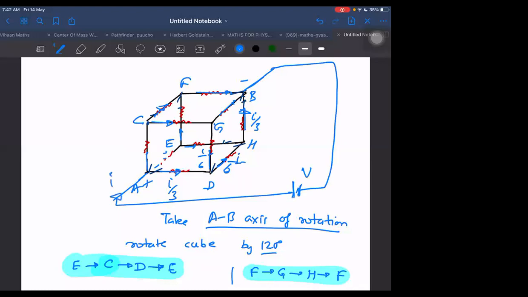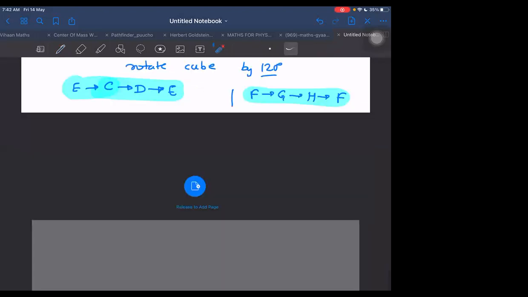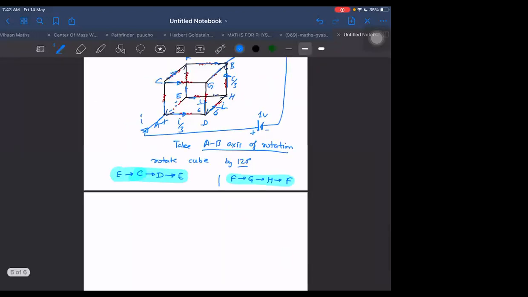You can assume the battery to be 1 volt if you want. Let the battery be of 1 volt, minus plus. I want to apply KVL in this loop. Start from the negative terminal of the battery, go to the positive.